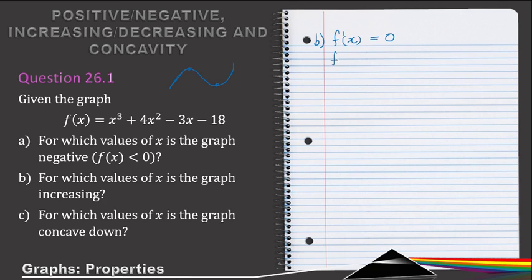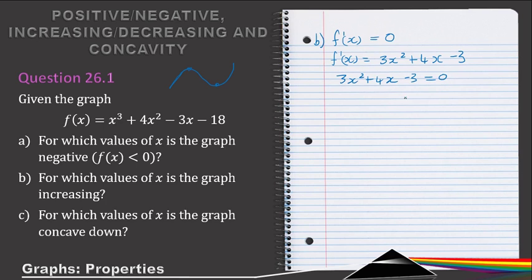So the first derivative of our function is equal to 3x squared plus 4x minus 3. If I equate that to 0 and solve for x, I have 3x squared plus 4x minus 3 equals 0. To solve for this, I need to factorize it.